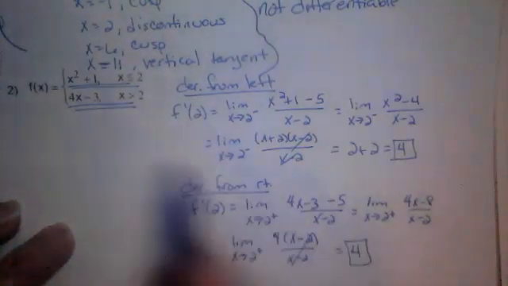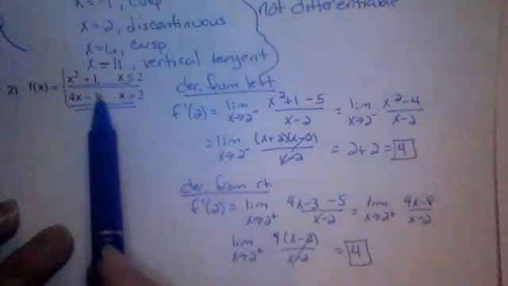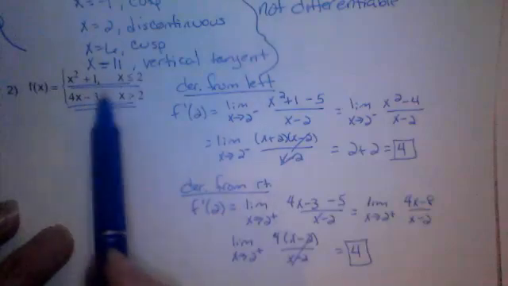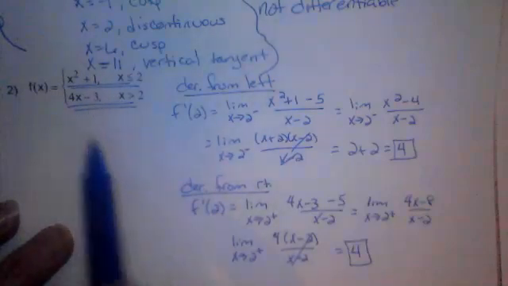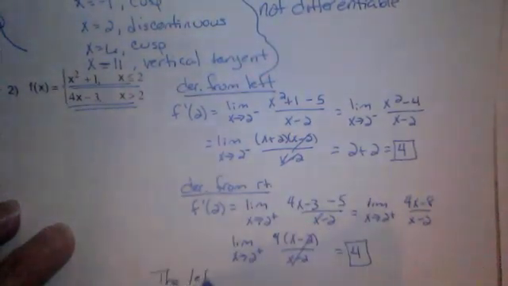So if you're ever unsure about whether it's coming together as a cusp on a piecewise function or whether it's a smooth transition from one function to the other, you can take the derivative from the left and the right to determine that. So let me write that down.